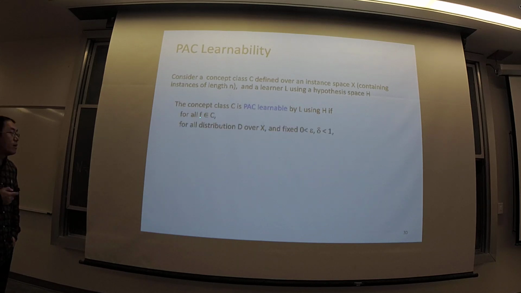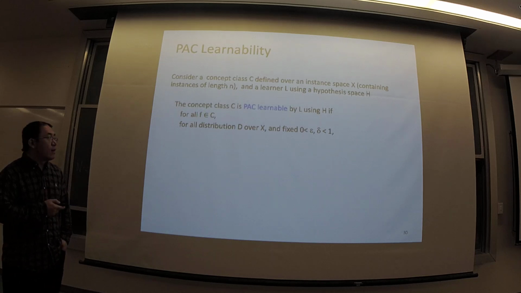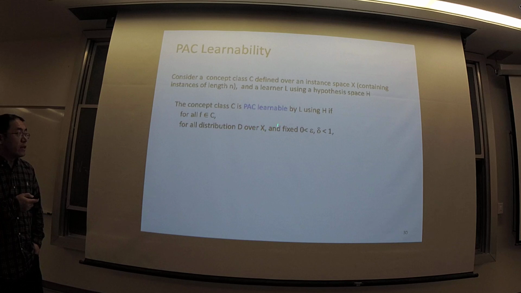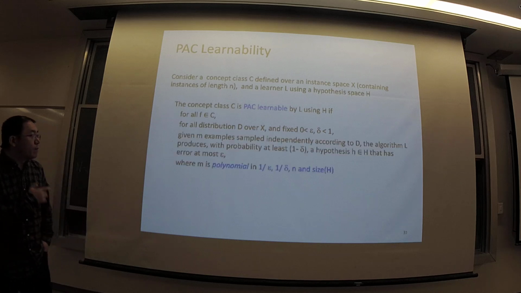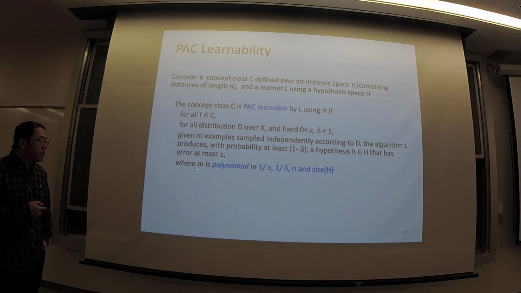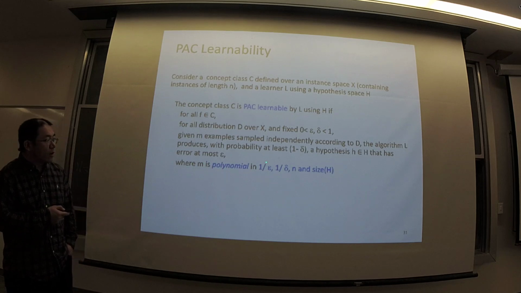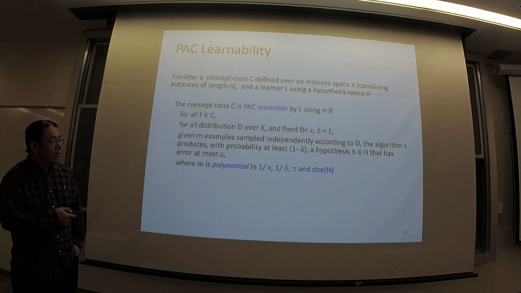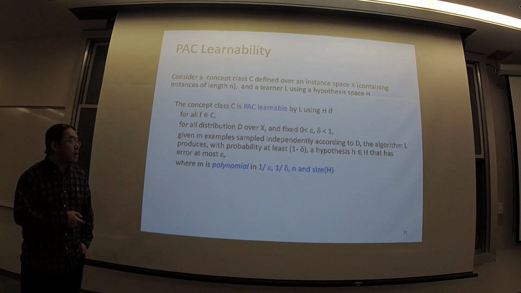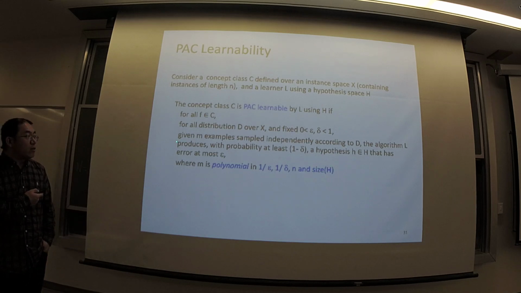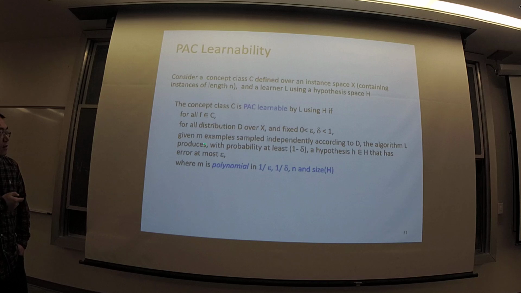for every target function inside C, and for every distribution D over the instance space, and for every fixed epsilon and delta, with only a polynomial number of examples in 1 over epsilon, 1 over delta, n, the feature vector dimension, and the size of the hypothesis space, our learning algorithm L can produce, with probability at least 1 minus delta, a hypothesis that has error at most epsilon.